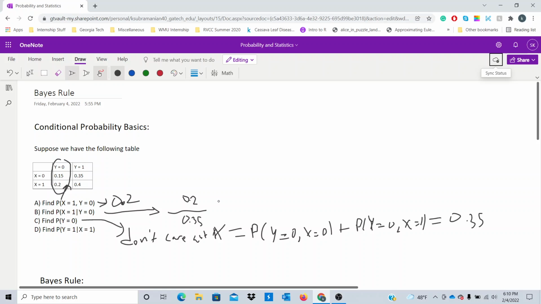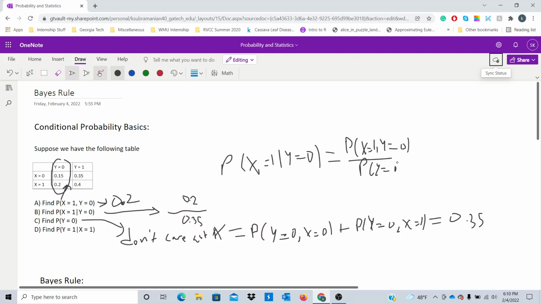So technically, the probability of x equals 1 given that y equals 0 can be rewritten as the probability that x equals 1 and y equals 0 over the probability that y equals 0.